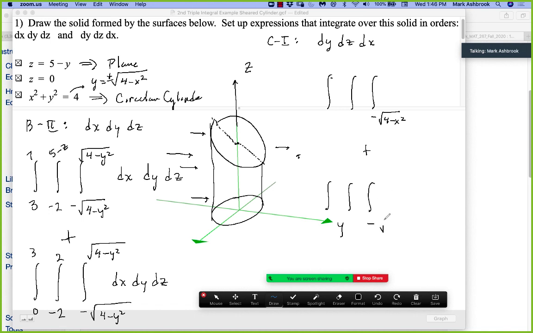The left side is always negative radical. Sometimes the right side is positive radical. Sometimes the right side is, what's the other choice? y equals what? 5 minus z, the plane. This plane is z equals 5 minus y, or y equals 5 minus z.